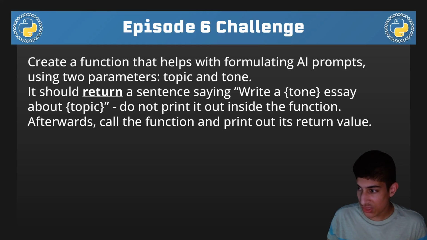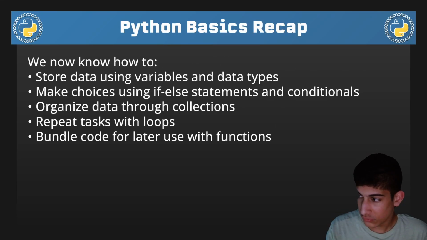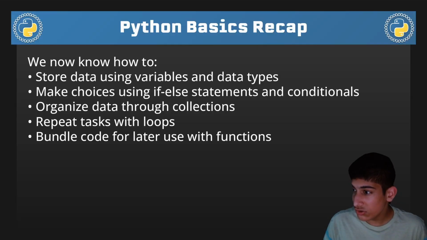And this function should return a sentence saying, write a whatever the tone is, essay about, and whatever the topic is. So it should return the sentence as a string. It shouldn't print it out inside the function because that's what you want to do outside of the function when you call it. So after this challenge, that's it.